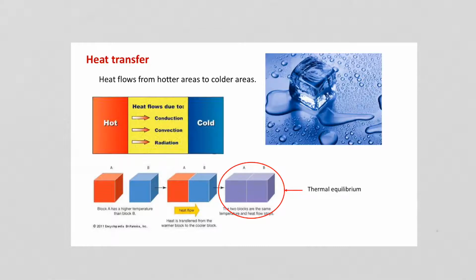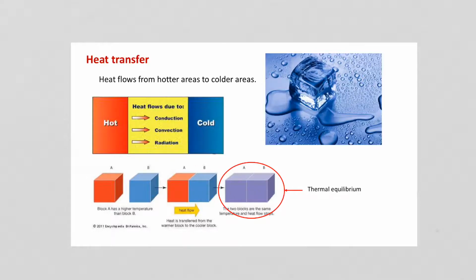So naturally, heat always flows from hot to cold. There are three mechanisms of the heat flow. That will be conduction, convection, and radiation. Before I discuss those, here is a schematic explanation of heat flow.